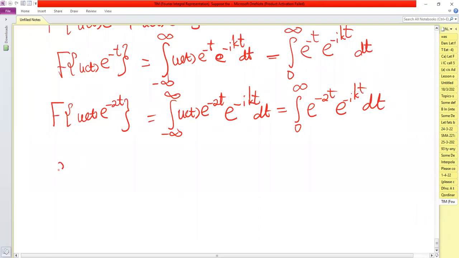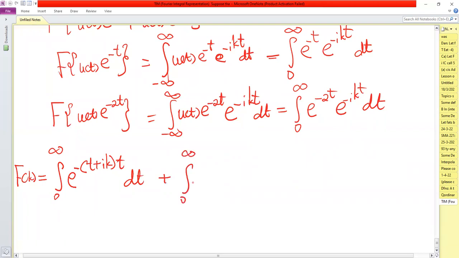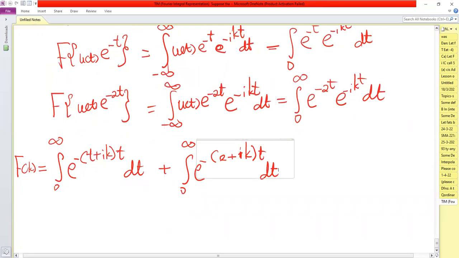So the integral from 0 to infinity, remember this can be written as negative, so therefore the Fourier transform will be the integral from 0 to infinity of e^(-(1+ik)t) dt plus the integral from 0 to infinity of e^(-(2+ik)t) dt.